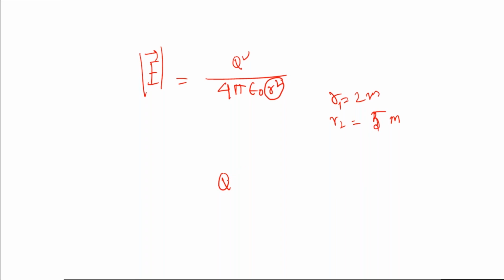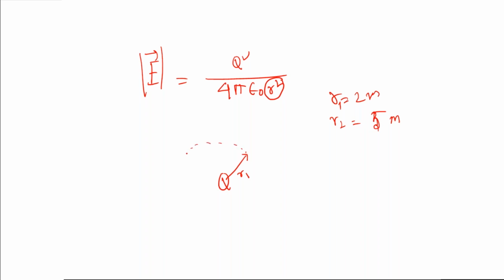If I want to calculate the electric field at 2 meter away, I have to just write 2 here, and write the amount of charge here. So suppose 2 meter, this is r1.